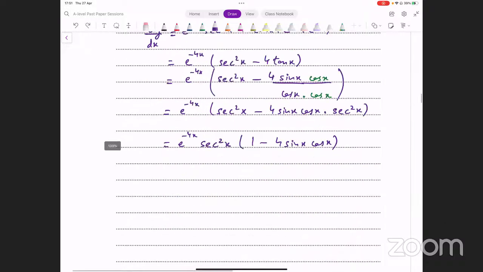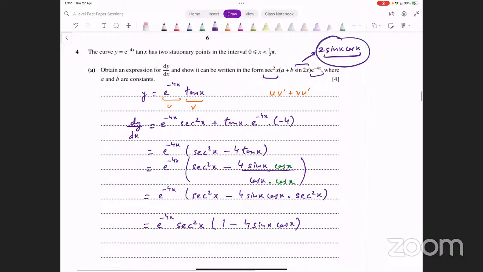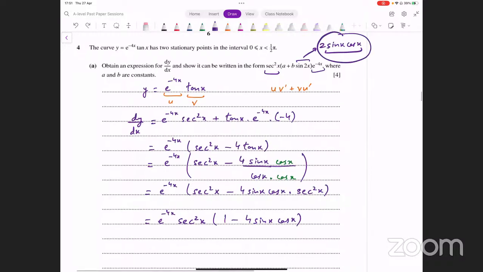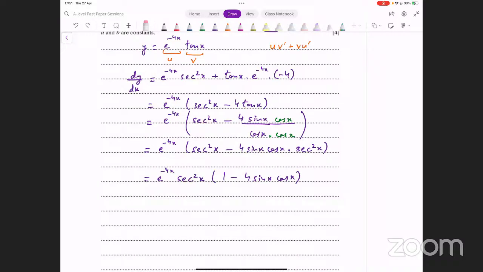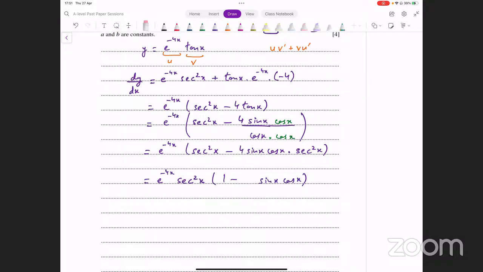राइट, और हमें पता है sin 2x क्या होता है, 2 sin x cos x। सो इस 4 sin x cos x को हम क्या कर सकते हैं, हम इसको इस तरह लिख देते हैं, हम कहते हैं लेट्स राइट 4 as 2 multiplied by 2। तो मैं 4 कैसे लिखने लगा, 2 into 2 sin x cos x, right?